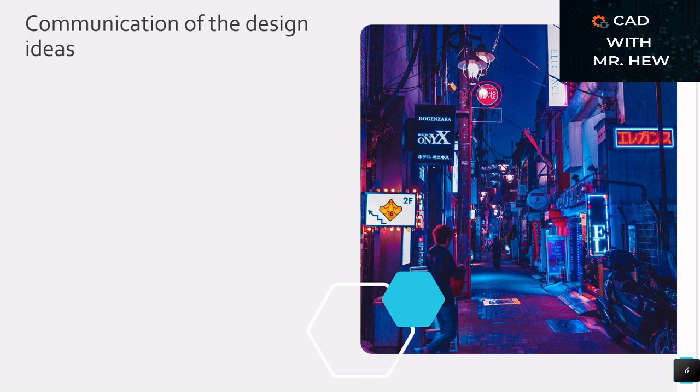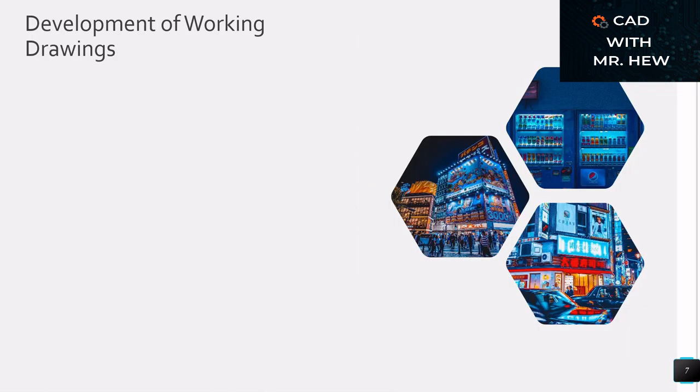Then step 5 is the development of working drawings, right? Once the details of the design are clearly identified, the design team uses the design data to produce drawings for the purpose of manufacturing or construction of a prototype.